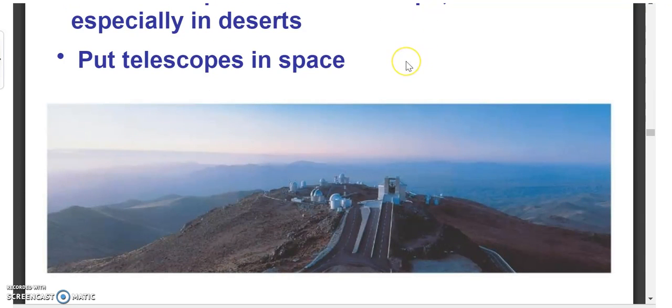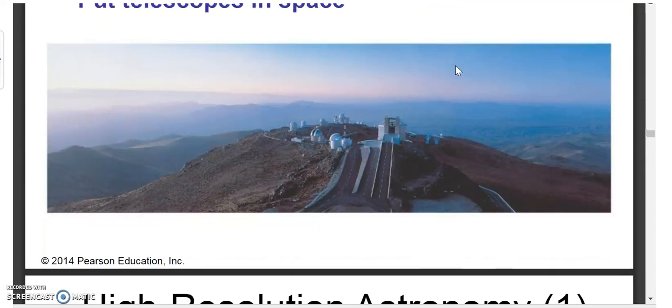It's more like just a tourist attraction. And Mount Palomar is still used for actual scientific investigation, but it's definitely not as popular as some of these other sites around the world, like in the deserts of Chile, and of course the mountains of Hawaii, and there's other regions. There's some telescopes in Australia as well.